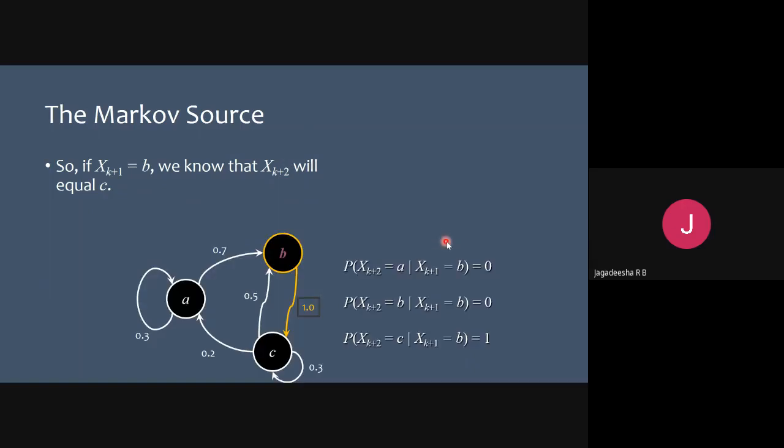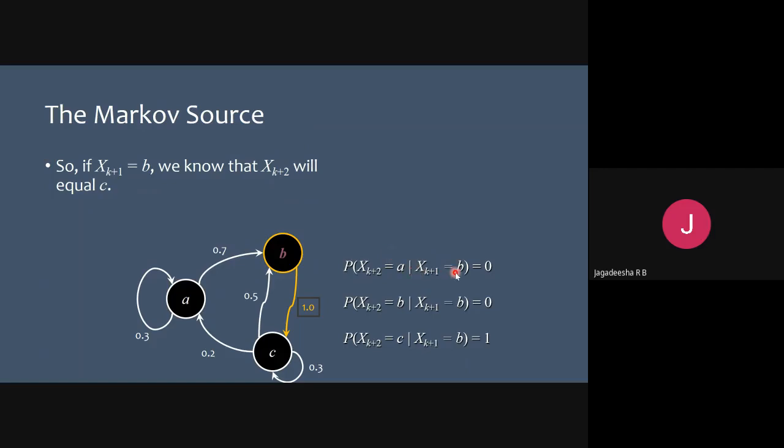We will assume that x of k plus 1 is equal to B. That means we are assuming that the source has emitted B. Then from B, what are the different possibilities in the next instant of time, x of k plus 2? It could be anything, but right now we are concentrating on B.